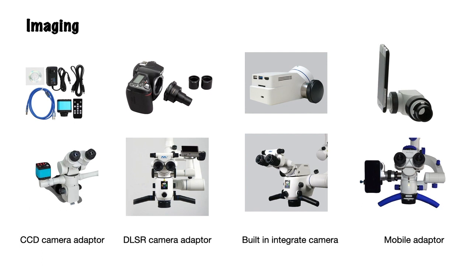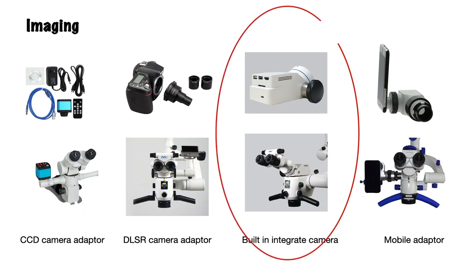So the best option for imaging tools is the built-in integrated camera. In my microscope, I have a 4K camera that is fully adjustable, with settings controlled only using a mouse.